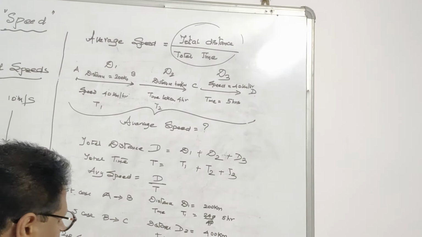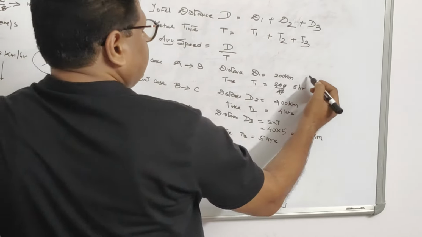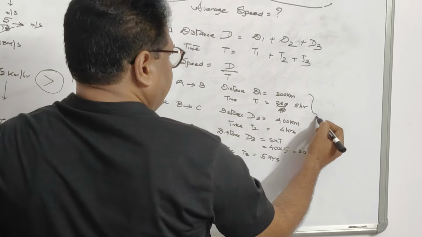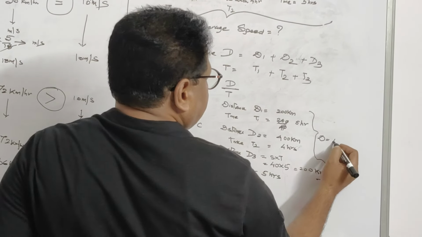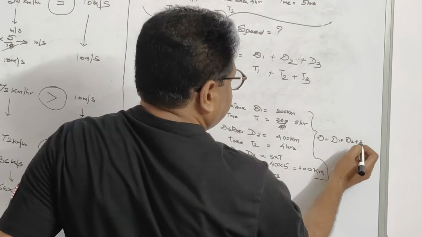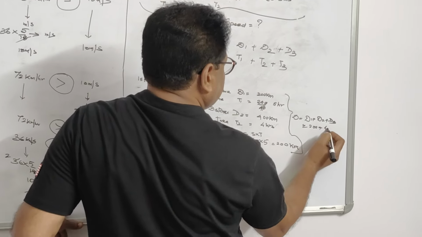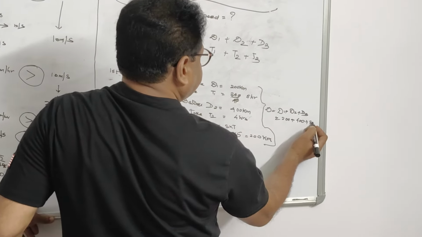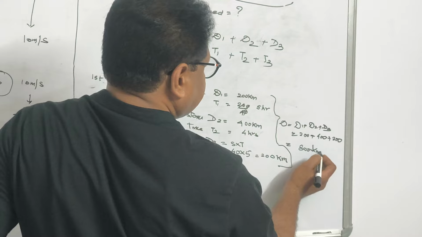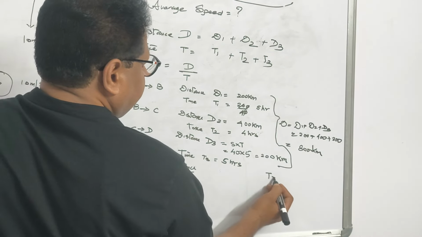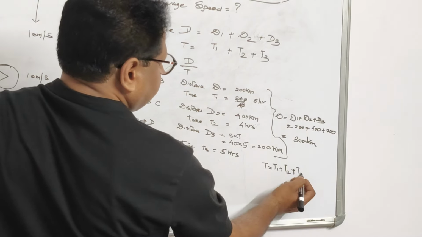So this is D by T. The total distance D is D1 plus D2 plus D3, which is 200 plus 400 plus 200. So it's coming 800 kilometers. And the total time T equals T1 plus T2 plus T3.